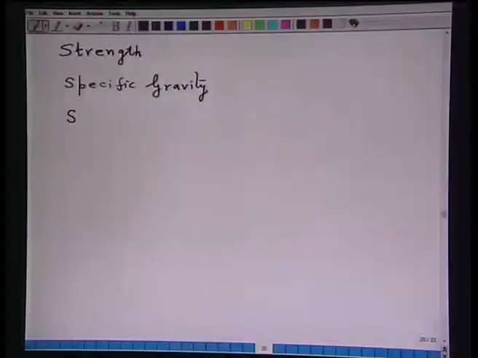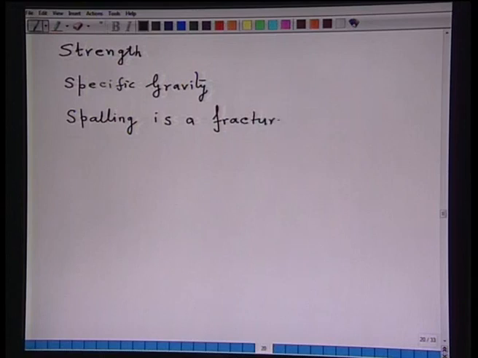Another very important property is the spalling. Spalling is a fracture of the refractory due to temperature gradient.